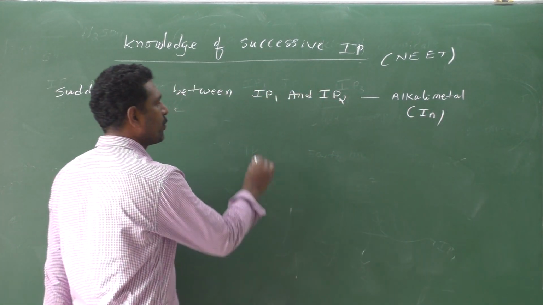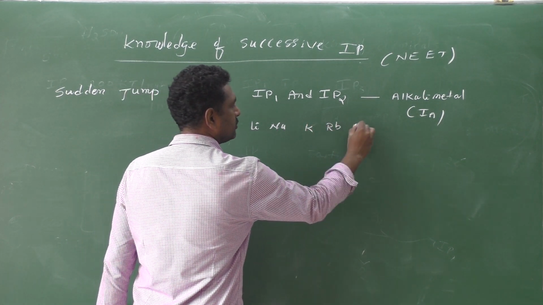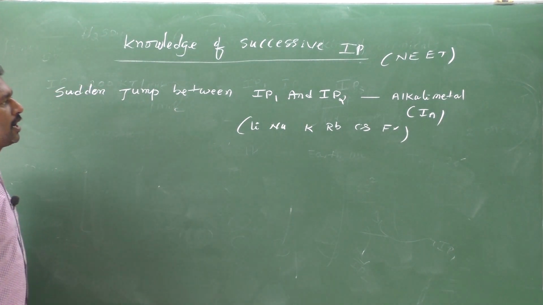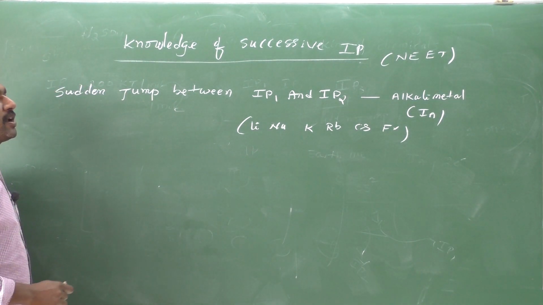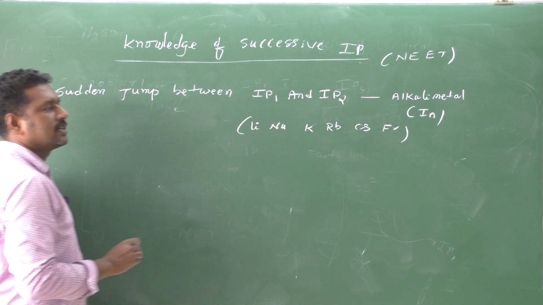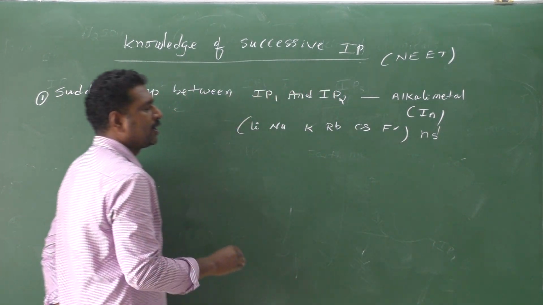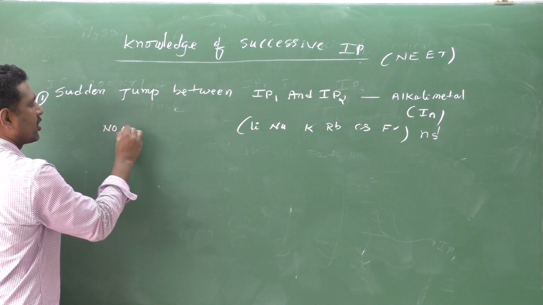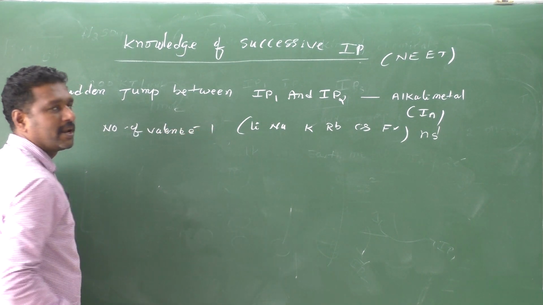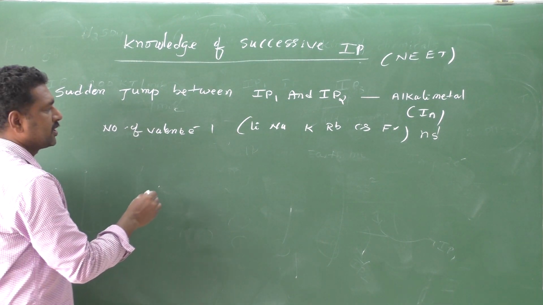First A group means lithium, sodium, potassium, rubidium, cesium, francium. All these elements have a sudden jump between IP1 and IP2. Their general electronic configuration is sometimes mentioned as ns1, and the number of valence electrons is 1.